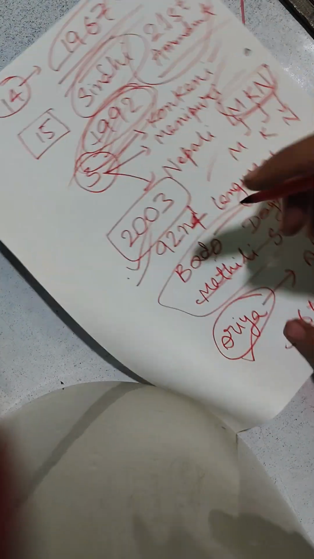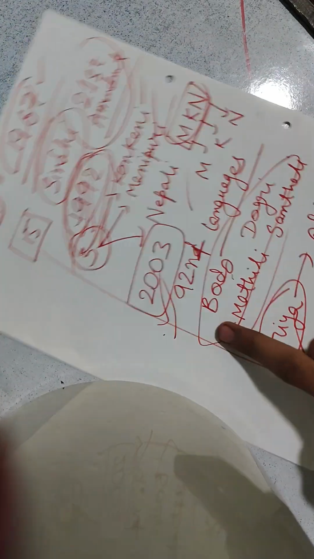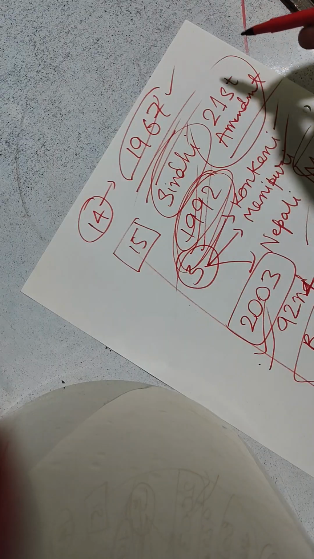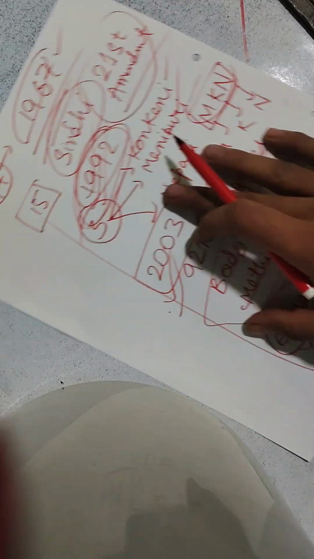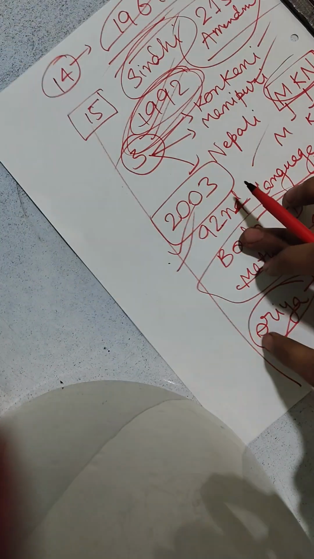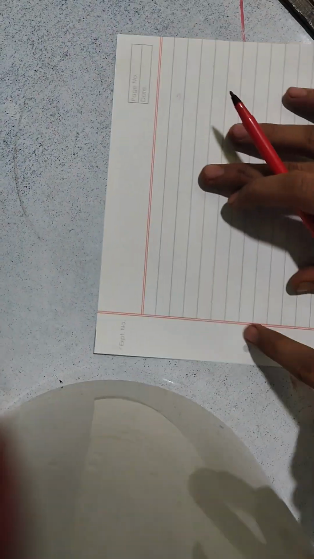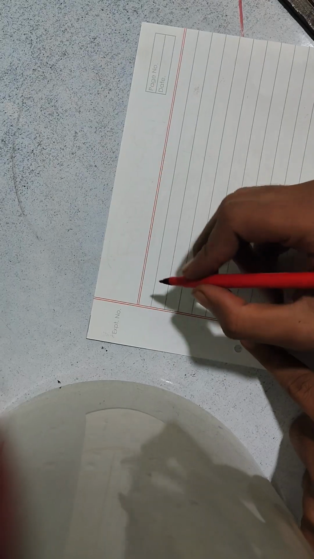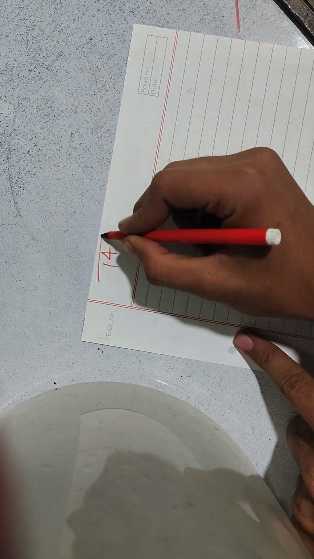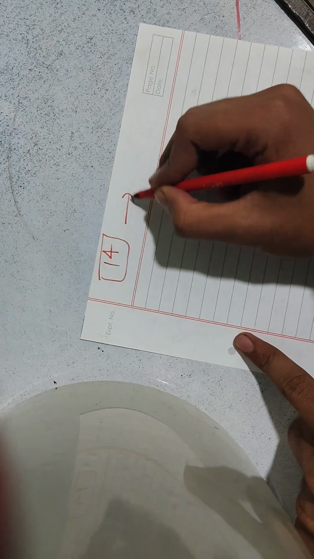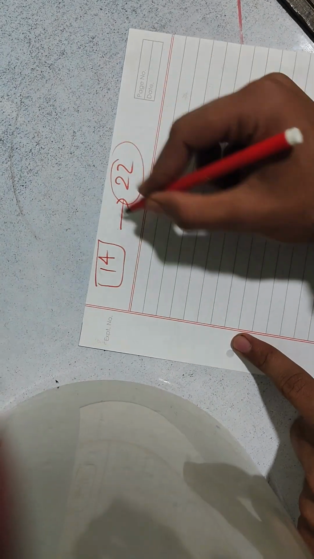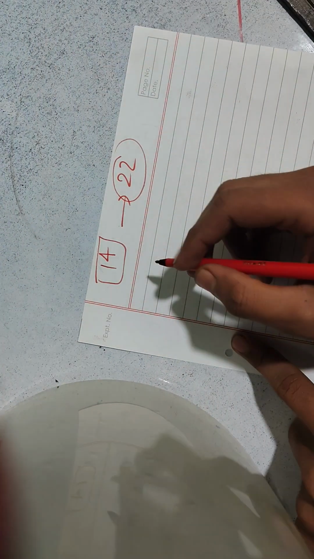Till now I have told you that in the year 1967 Sindhi was added. Now, how to learn it? At first I told you that there were 14 languages. Now there are 22. How did it become 22? Let me tell you.